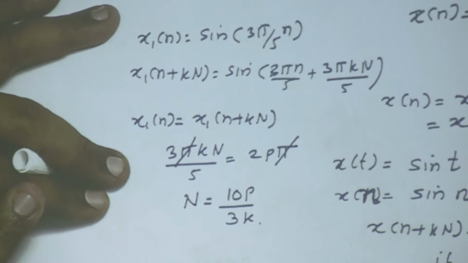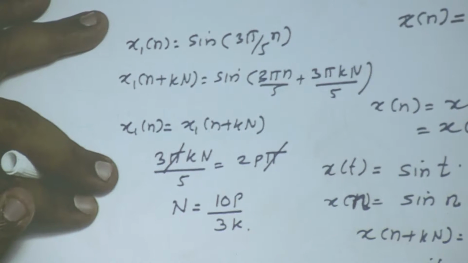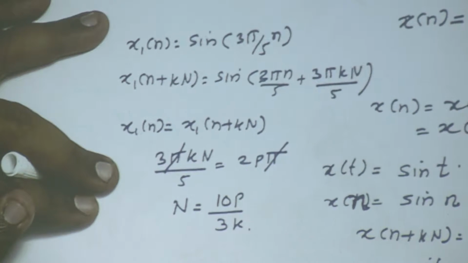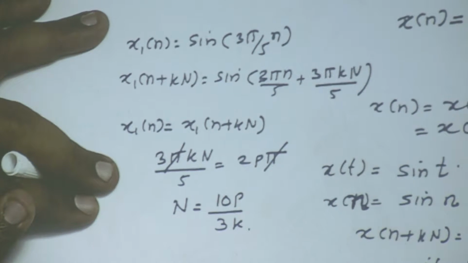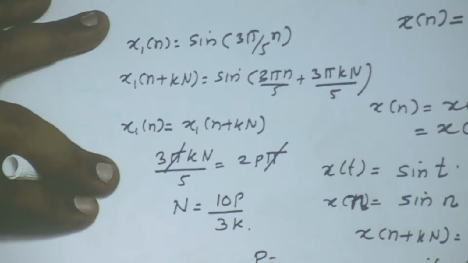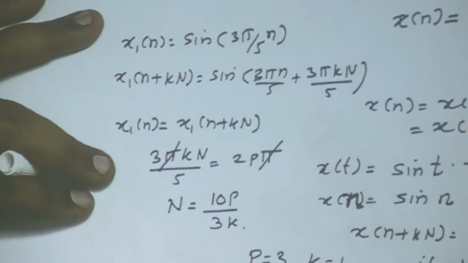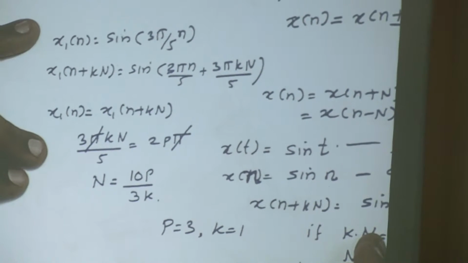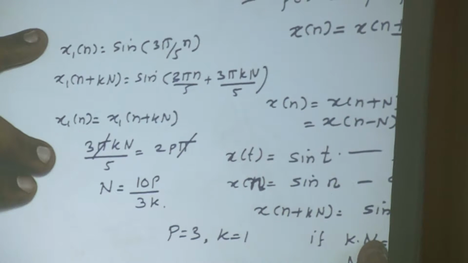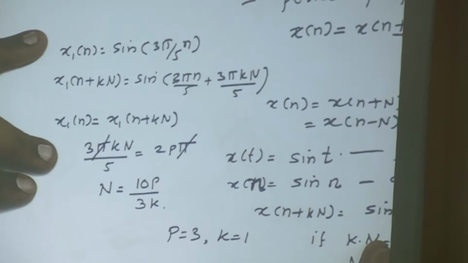And what is the period? Tell me. P is equal to 3 and k is equal to 1. Any other?